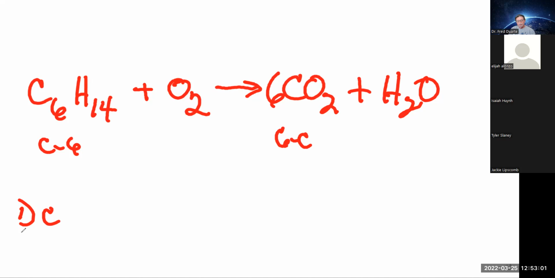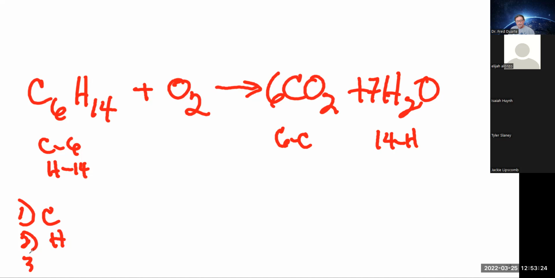Number 2, we balance the hydrogens. Well, we got 14 hydrogens on the reactant side. To balance that, notice that for water, I need 7 water molecules to give me 14 hydrogens. So I put a 7 in front of water.